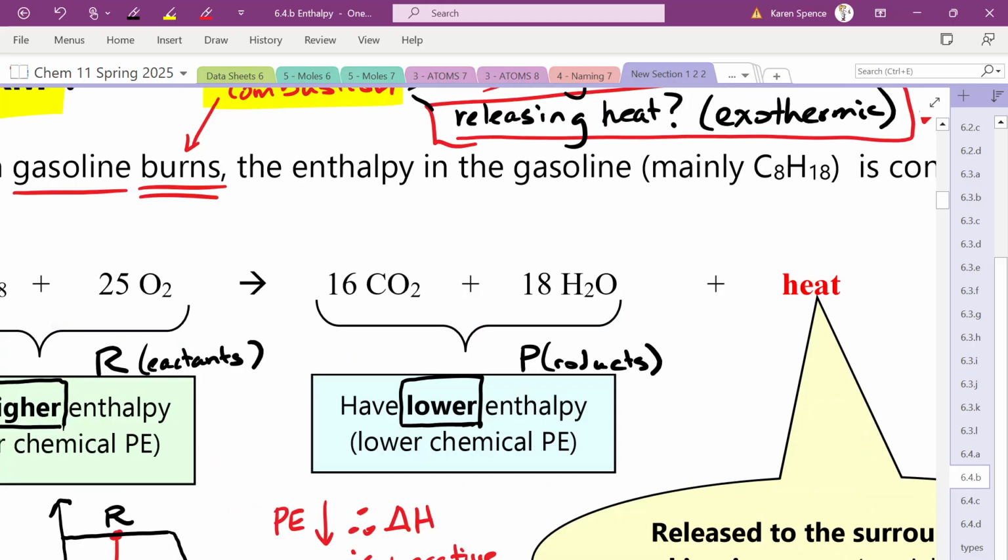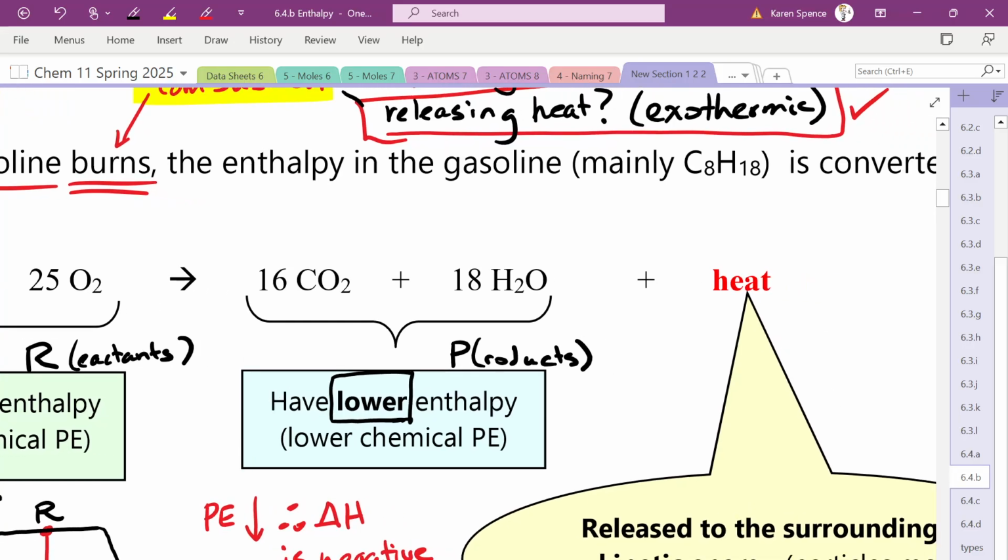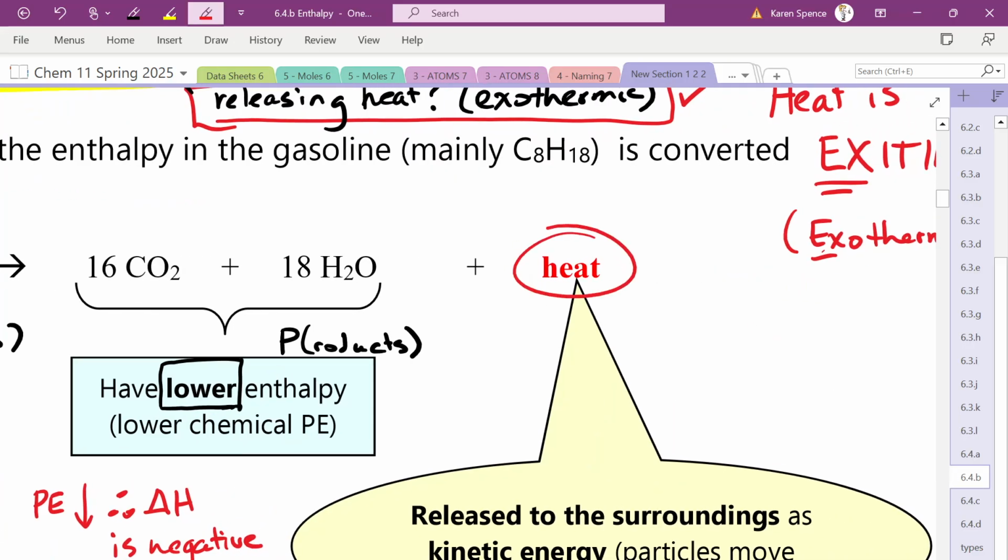Okay. Now let's go back up and look. We've got this heat here. That heat is some amount of kilojoules per mole. And you'll notice that written beside it is a plus sign.